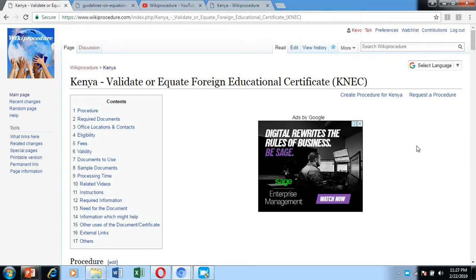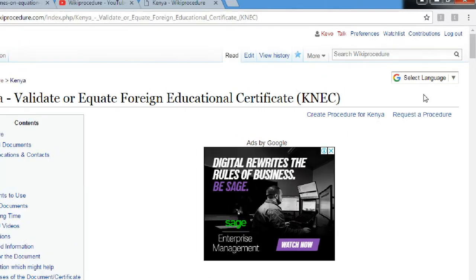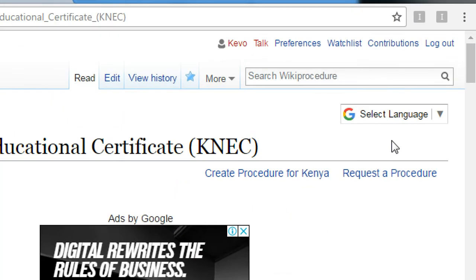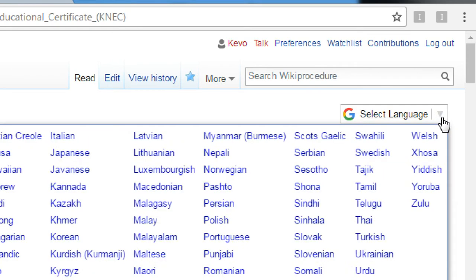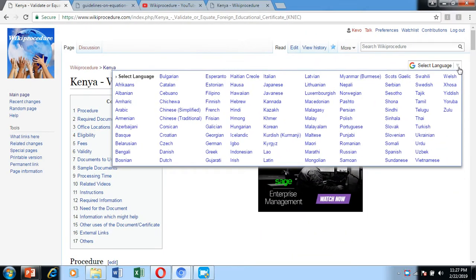I would like you to direct your attention to the right hand side of the screen. Right here we have the select language option, and you can choose which language is easy for you to comprehend.